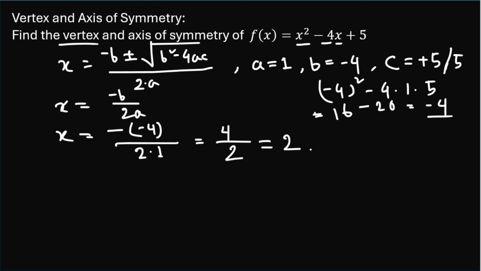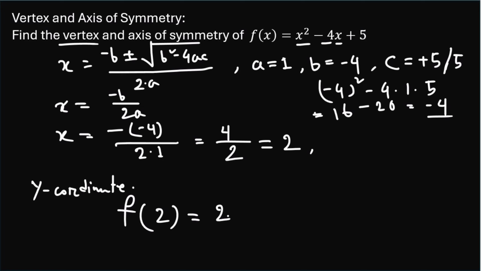So here one value is 2, and we need to find the other value for the vertex, the y coordinate. So here we will put in the value of x. Here f of 2 equals 2 squared minus 4 times 2 plus 5.